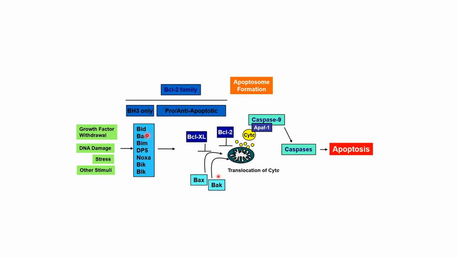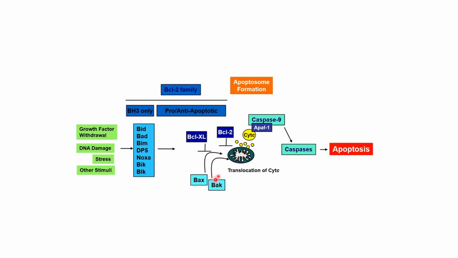Okay, and this inhibits BCLXL and BCL2 as well as activates BAX and BAK. Okay, so if you want to promote the apoptosis, then you need to inhibit BCLXL and BCL2 and activate BAX and BAK. So these individual proteins play a role in doing that.